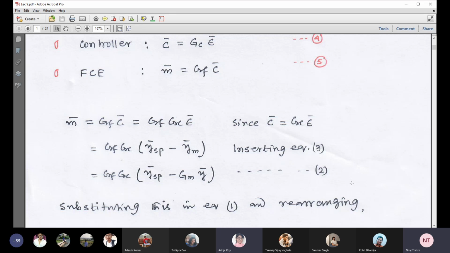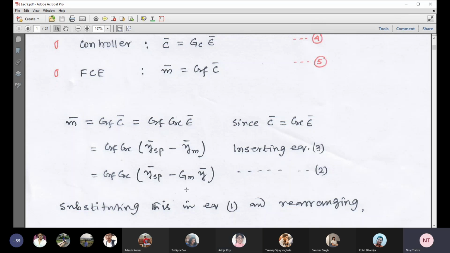Sir, I was telling the final value of M bar. I substituted Y bar with GP M bar plus GD D bar. Yeah, now you substitute in equation 1. We're talking about this one, no? M bar. Yes, sir. You substitute in equation 1 and let me know the final expression.